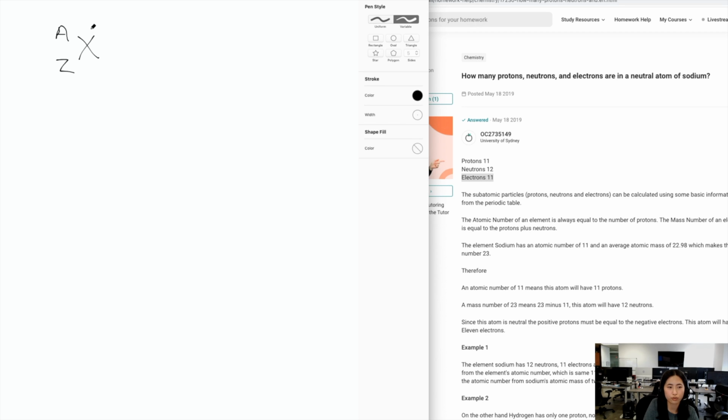So that's in the form X. This A right here is basically your atomic mass, and this Z is atomic number. Again, I just wanted to check in to see whether you can actually see my handwriting on top of this question. So this X is your element.